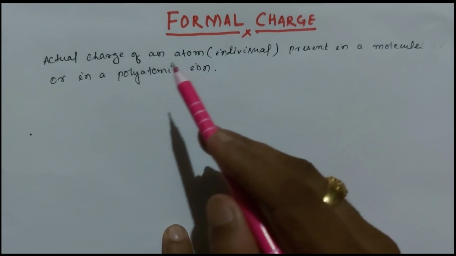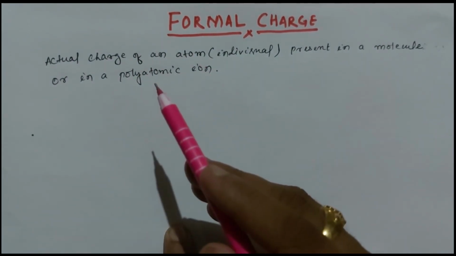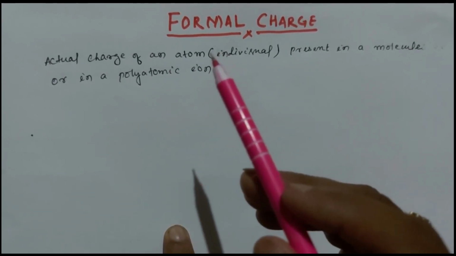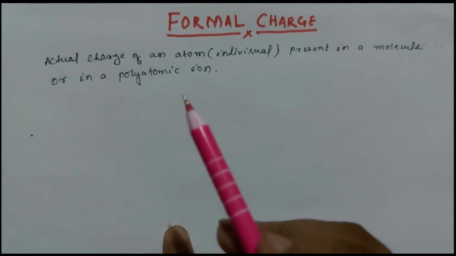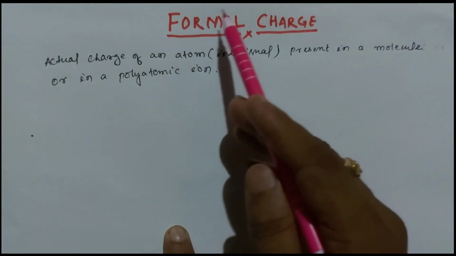in a polyatomic ion. If there are more atoms present in a molecule or polyatomic ion, how will you calculate the charge of an individual atom? For this we have to calculate the formal charge.